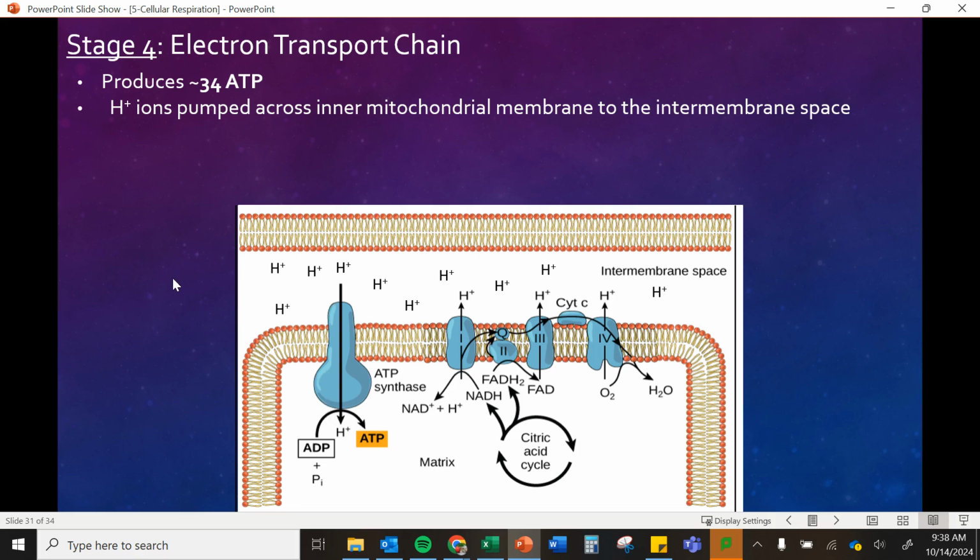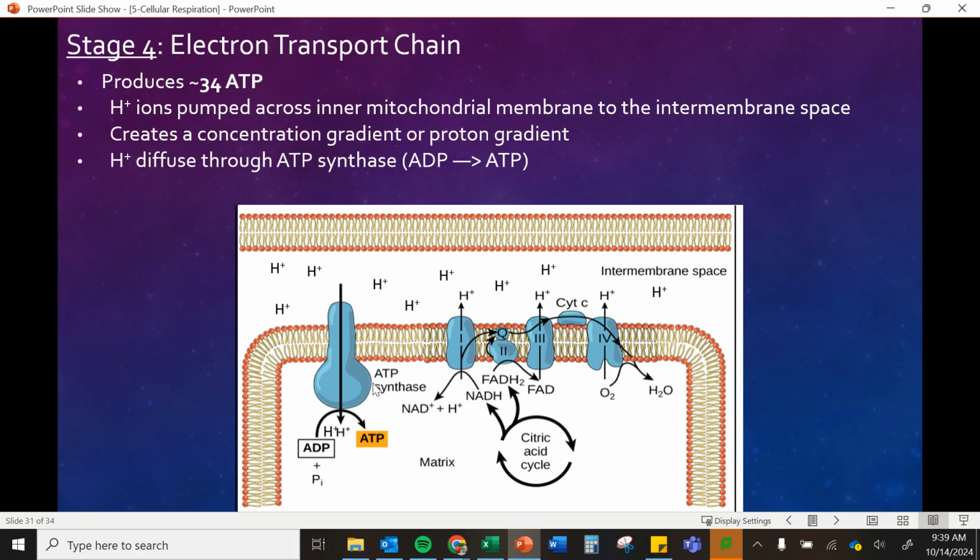Okay, now that we've done that, we have a highly acidic area in here, and these hydrogens don't like being here. They won't naturally diffuse. So they will diffuse through ATP synthase because of that concentration or proton gradient. And just like in photosynthesis, when they diffuse through ATP synthase, we are going to convert ADP into ATP.